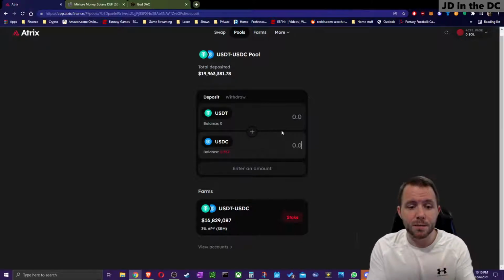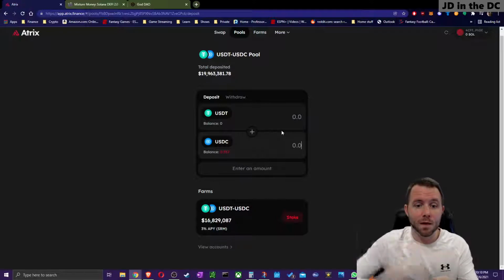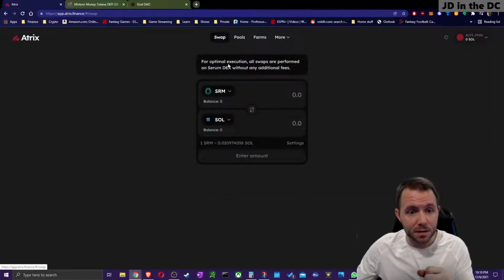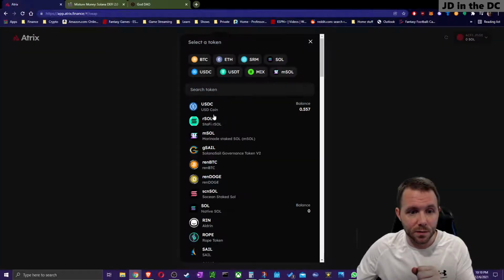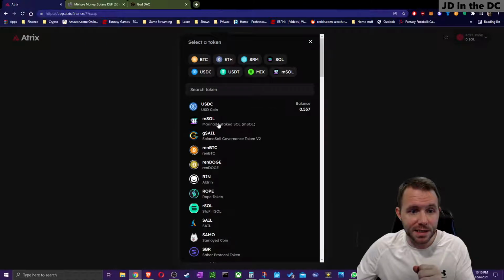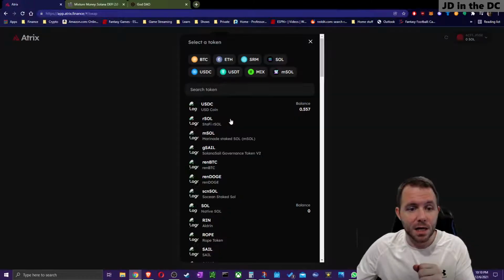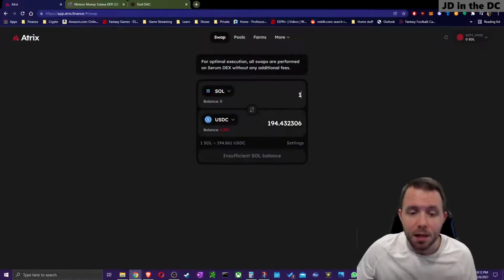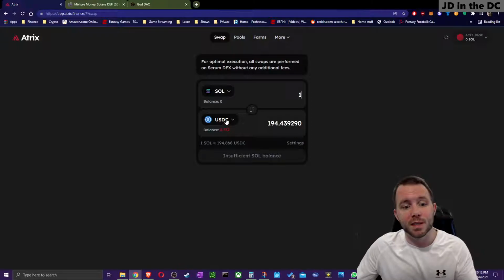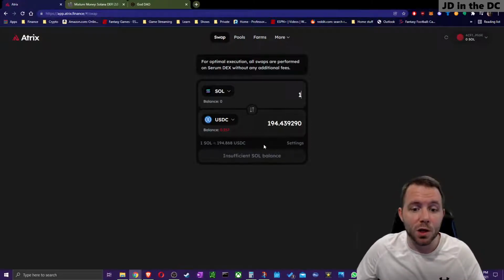We would put this into the pool, and from there, when people are doing swaps and trying to swap for USDC, let's say they put in one Solana, they'll get $194, or 194 USDC stablecoin, in return.